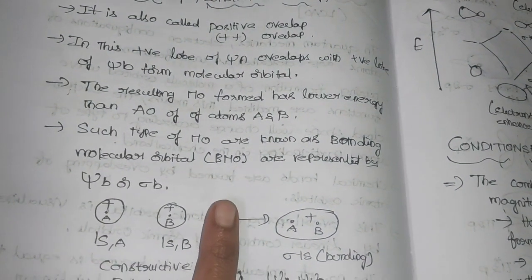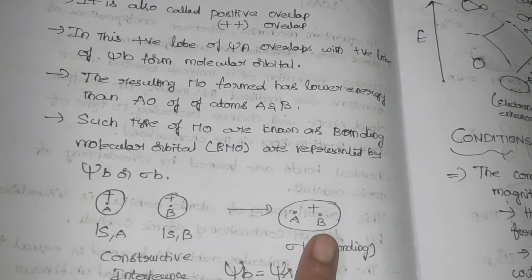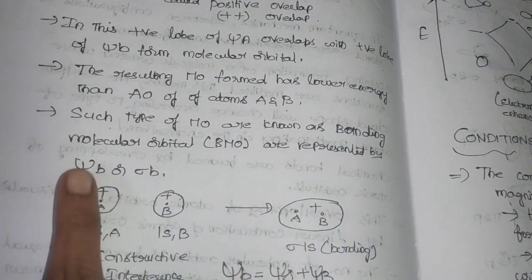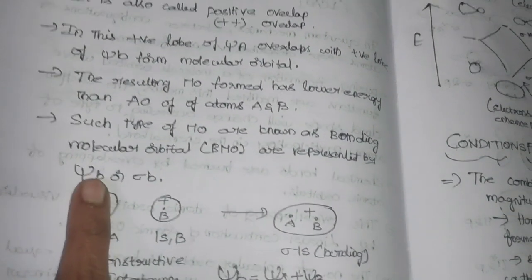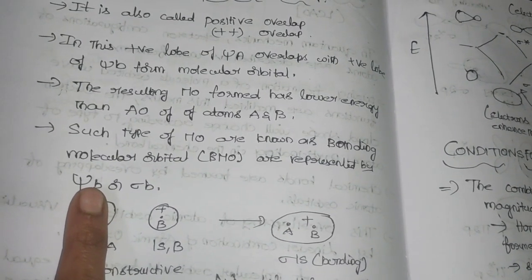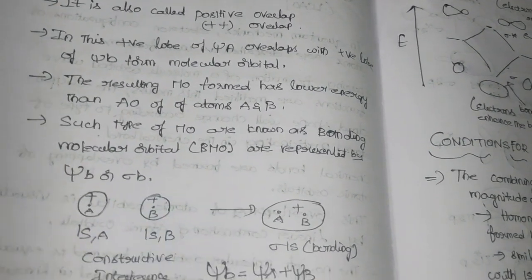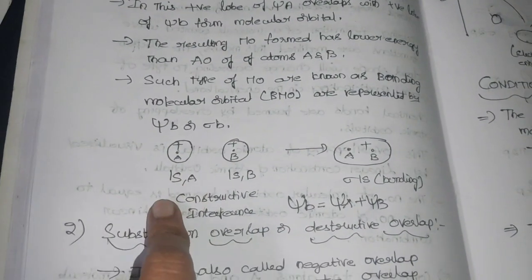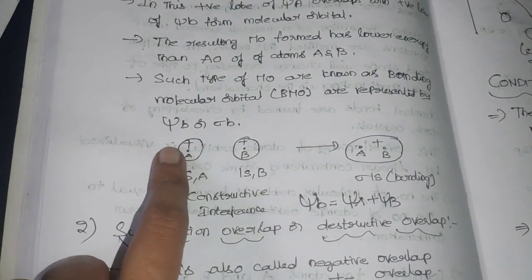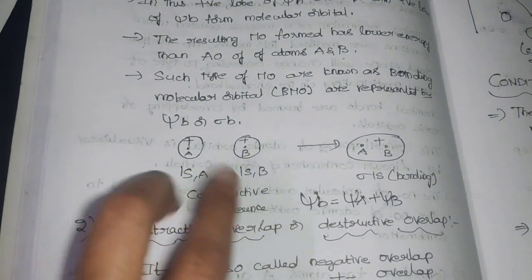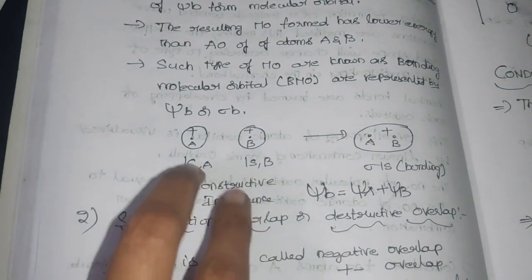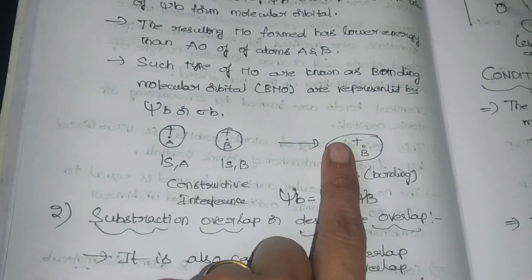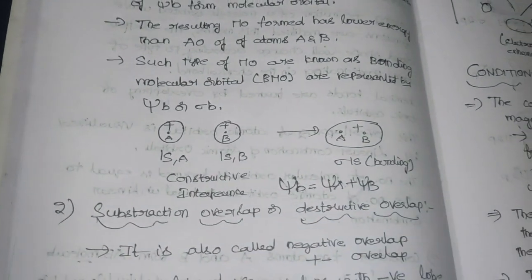Such molecular orbitals are called bonding molecular orbitals and are represented by sigma b, small b, or psi b. When we take the s shell, for the two atoms, a positive lobe and a positive lobe both combine together to form sigma 1s, that is the bonding molecular orbital.